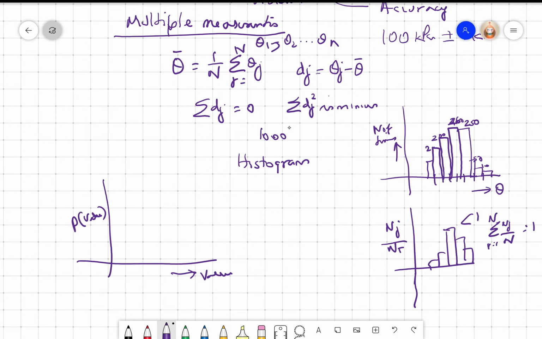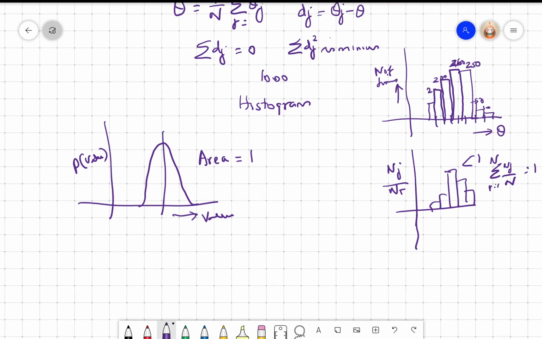So we can now put a curve like this. This gives all fractions, and the area under the curve must be equal to 1, right? So we call this the probability of obtaining the measurements at a particular value.